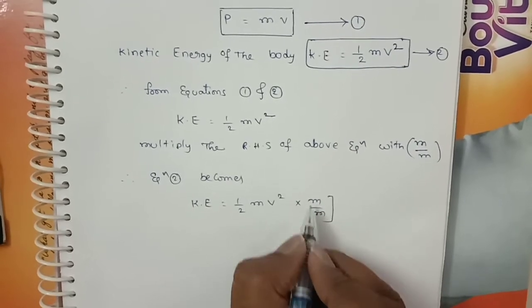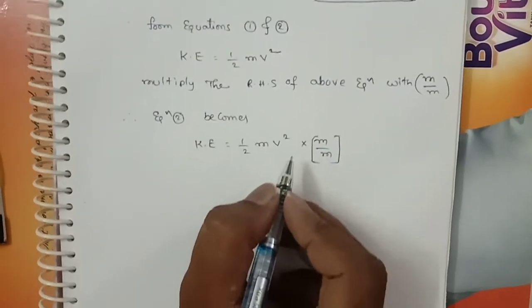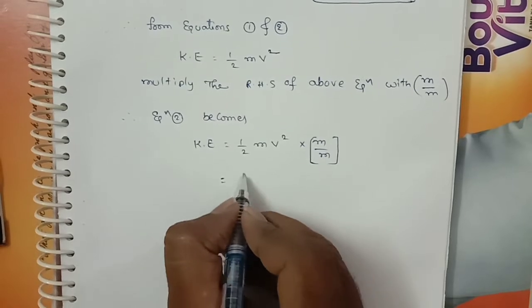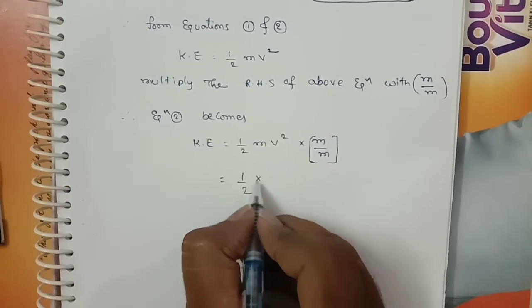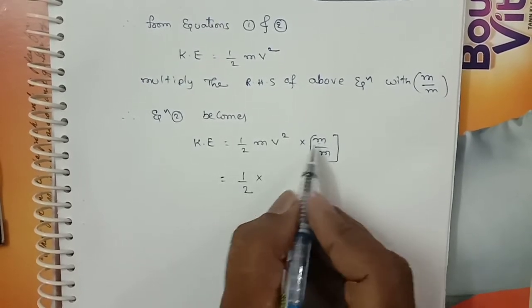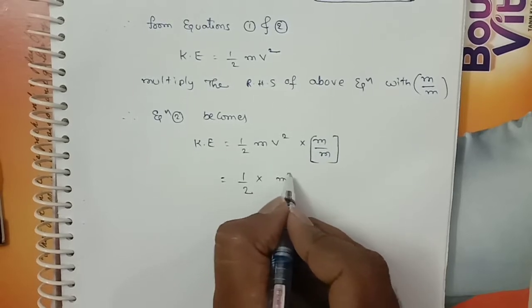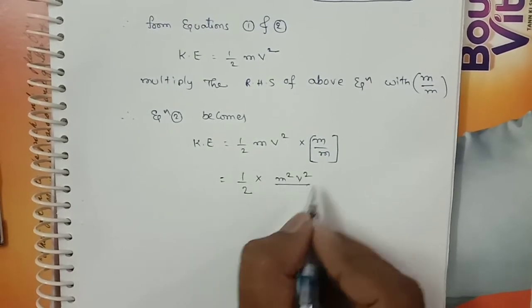In the numerator we have two m's, so those two m's multiply with each other, and we get m square v square by 2m.